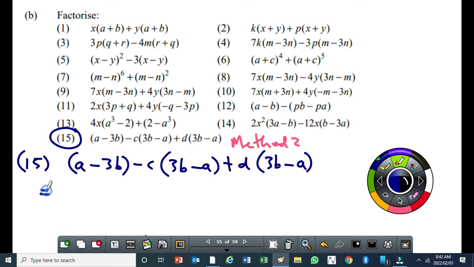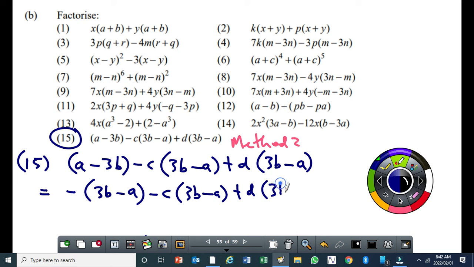Right, so let's interchange a and minus 3b. If we do that, we'll end up getting minus 3b minus a. I expect you to understand this now. I interchange a minus 3b, then I factored out minus 1. You will get this. Then minus c times 3b minus a plus d times 3b minus a. Now you can see that our common factor is going to be 3b minus a.